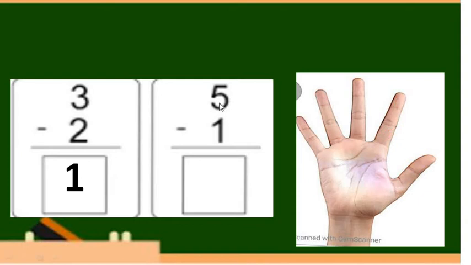Next sum is 5 minus 1. Now see how we can solve it with the help of your own fingertips. You have to practice with me right now. Start counting. Sum is 5 minus 1. So you have to count 5 fingertips first. 1, 2, 3, 4, 5.